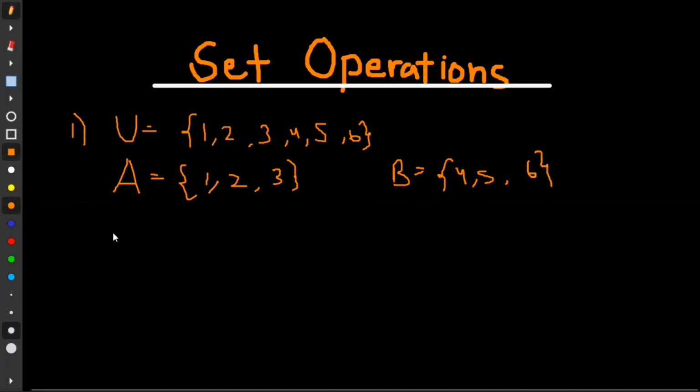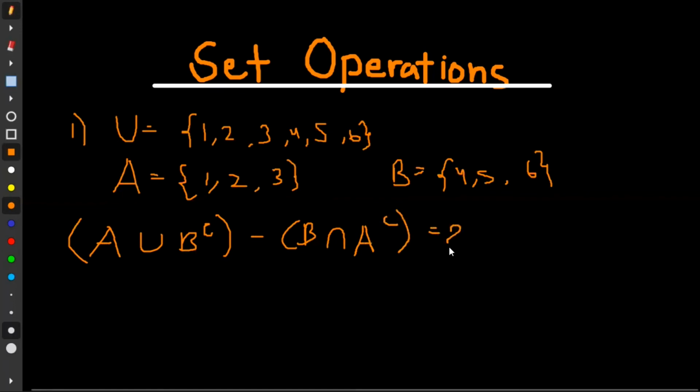What if we are tasked to find this one: (A union B complement) minus (the intersection of B and A complement)? What would be its outcome?